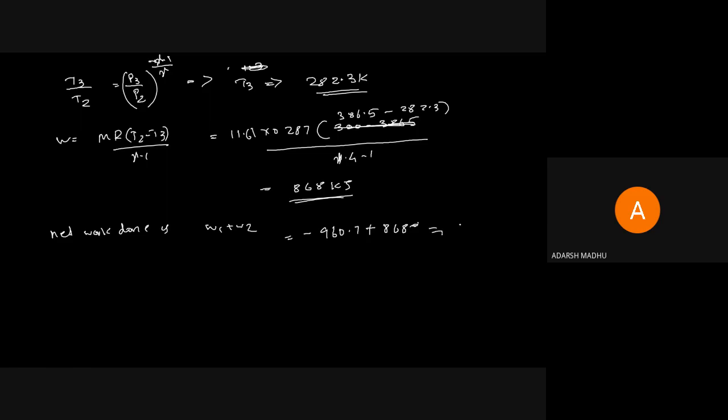The value will be minus 92.7 kilojoule. The direction is inwards: work done on the system is negative, and work done by the system is positive. The value is minus 92.7 kilojoule.